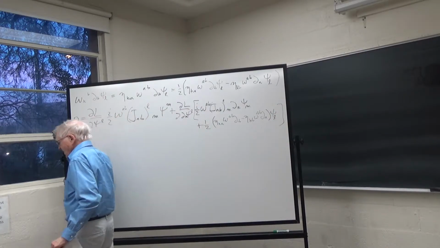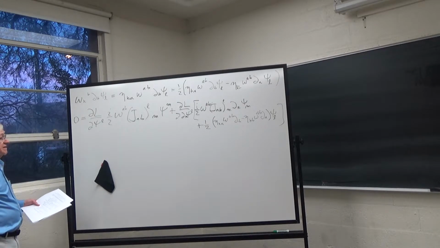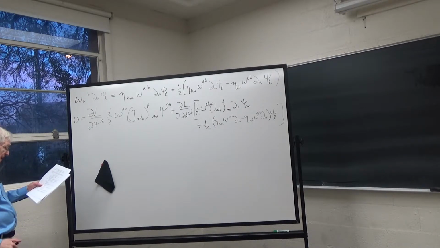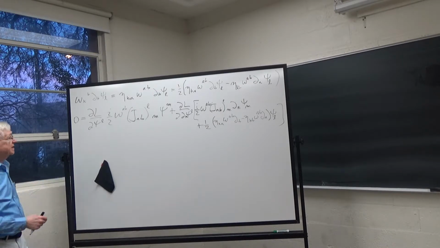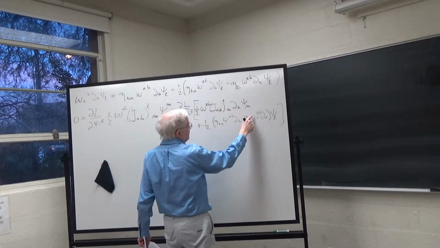Okay, so let's remember this all comes from the invariance of the action density under this pseudo Lorentz transformation. And we can combine some of these terms. In particular, we've got an omega AB, omega AB, omega AB.